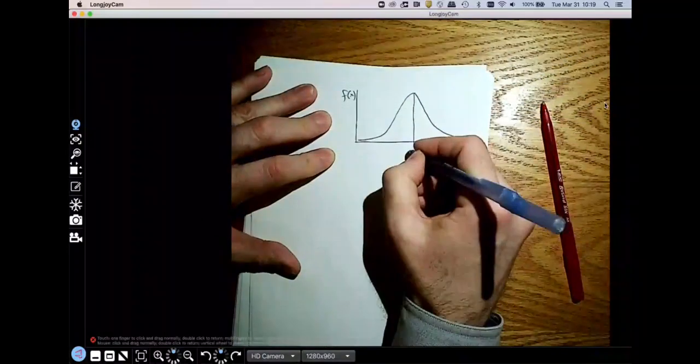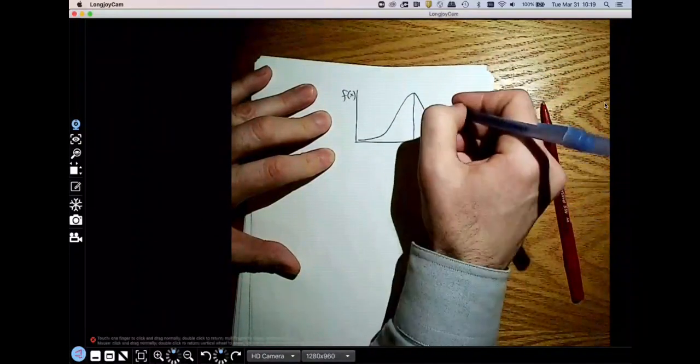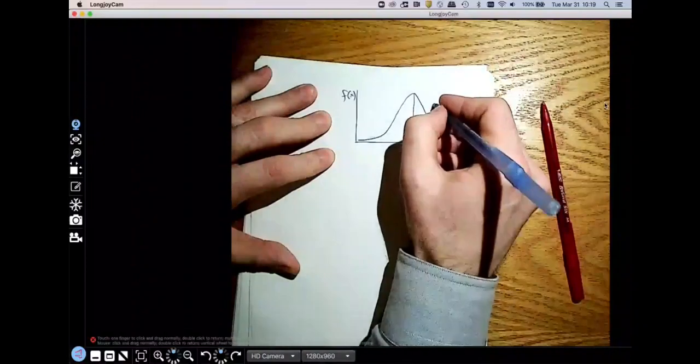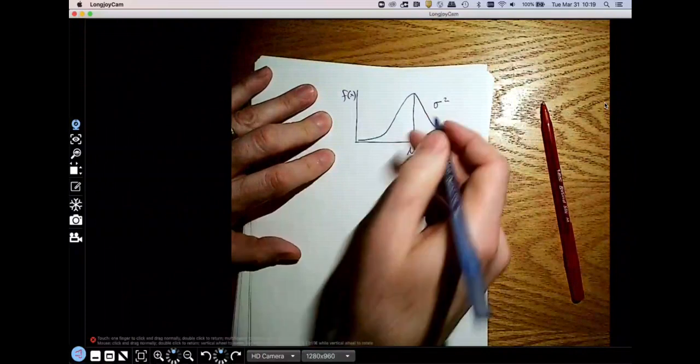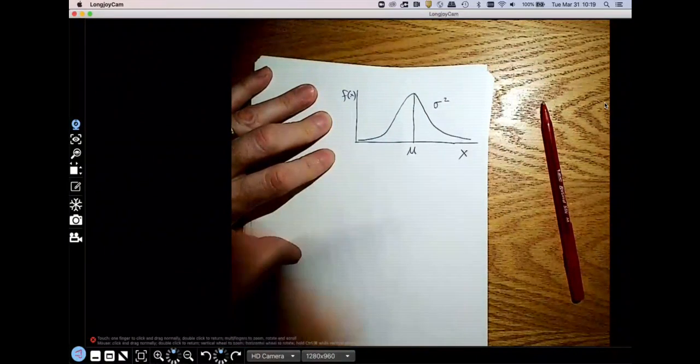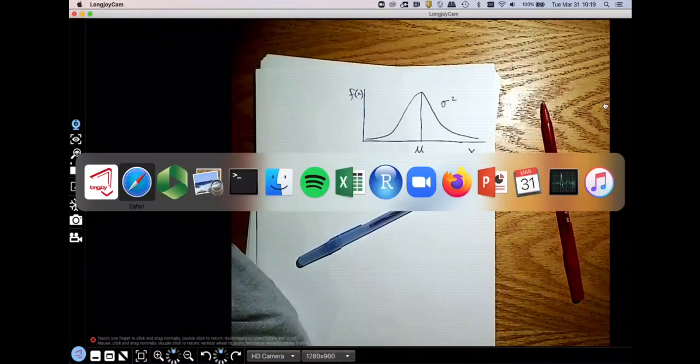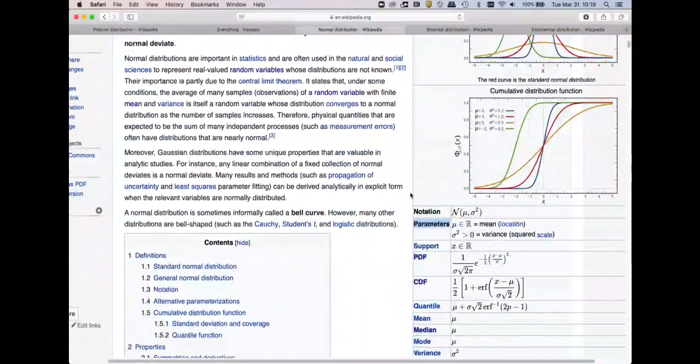So the first is the mean, and then the second is going to be the dispersion. I always like to write my variances of normal curves up here. And so this is the PDF of a normal curve. All right. So the first question is, what are those parameters?